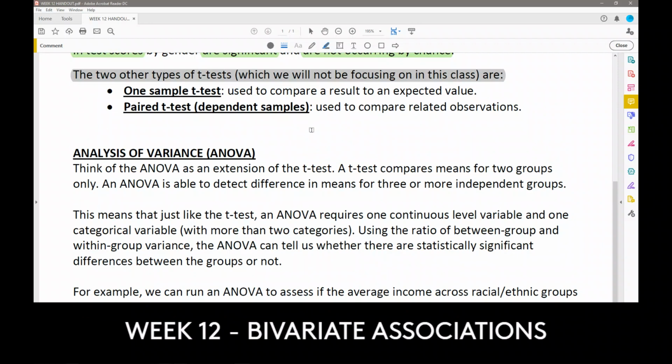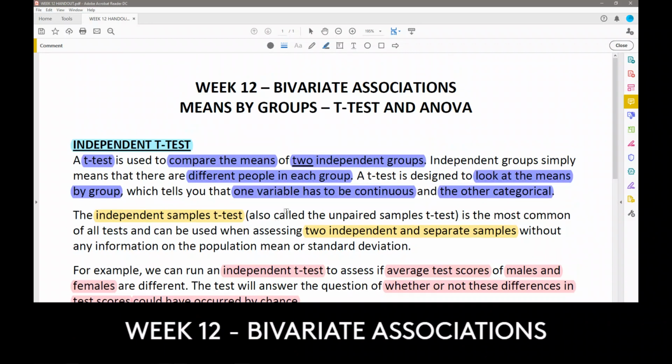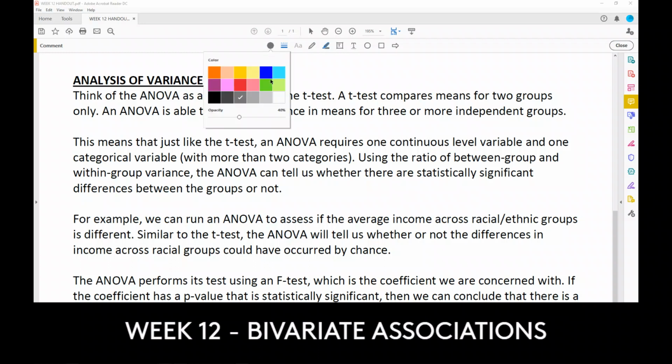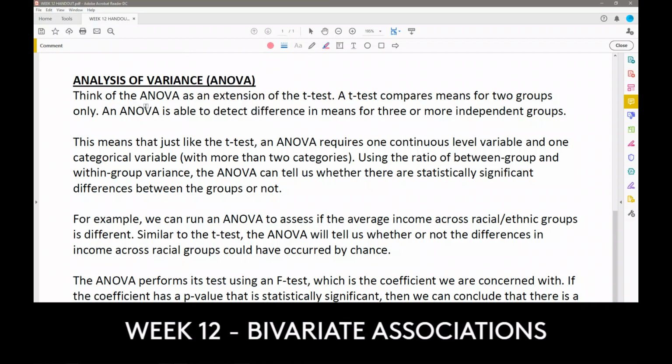Okay, this is another type of test that allows us to look at averages by groups. Now, this is really simple, and I want you to think of it this way. The Anova is basically an extension of the t-test.